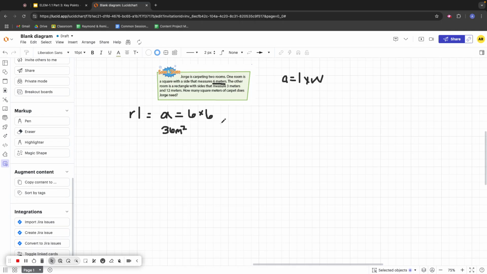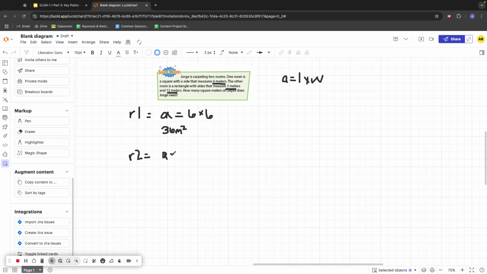Okay, so I found the area of the first room, but I know that there's another room. So I'm going to write R2 for room 2 down here. And I'm going to use my area formula just like the objective and the standards call for. It says the other room is a rectangle with sides that measure 3 meters and 12 meters. So in this room, the length and the width are not the same, but I can still use my formula.